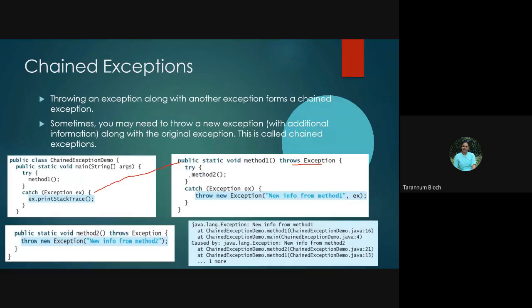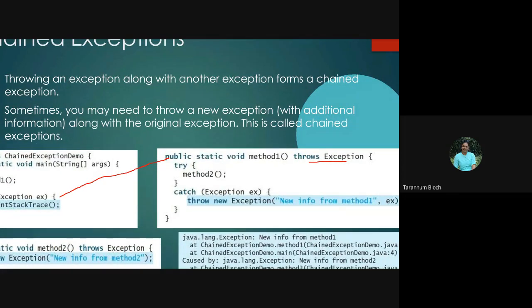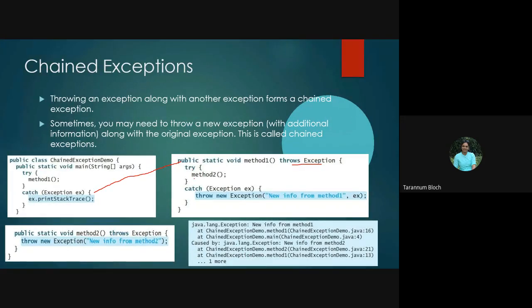And we said that method 2 may also generate an exception. So method 2's exception is being caught over here, right? When method 2 is called, we said it may throw the exception, and this throw is caught over here. Can you see the chain?